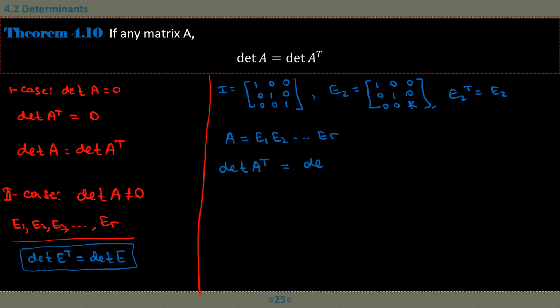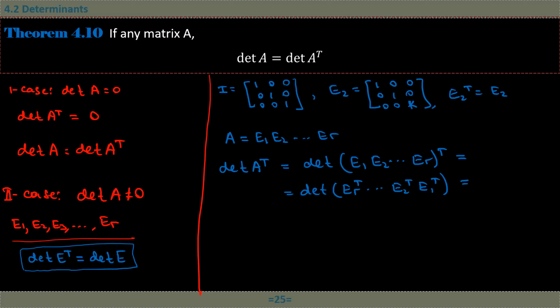That is equal to the determinant of E1, E2, ..., ER transpose. Using the property of transpose, we have the determinant of ER transpose, ..., E2 transpose, E1 transpose.